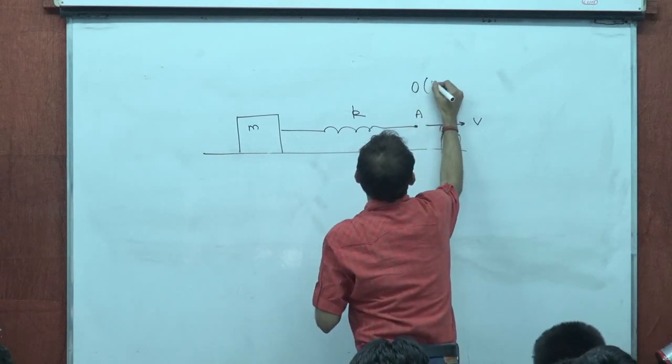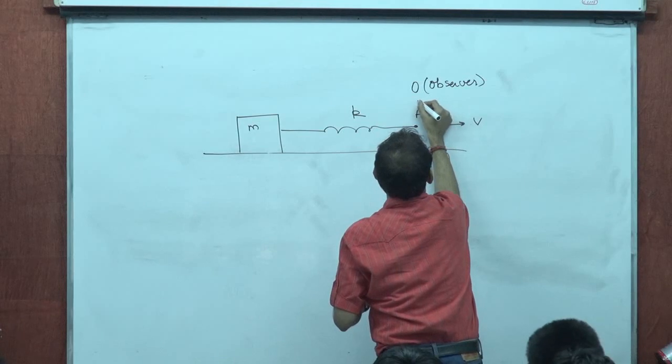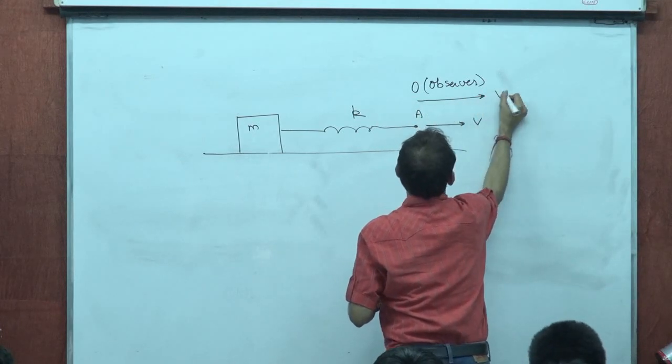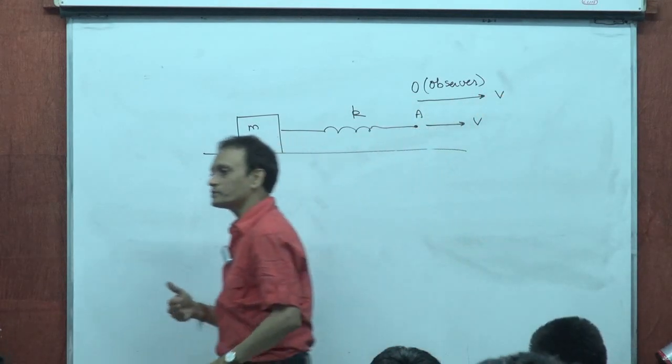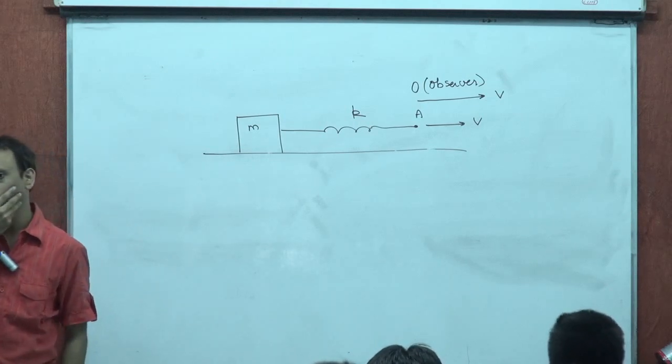Now, a situation of this kind would be better dealt with if you imagine the following. Imagine an observer O moving along with A with a constant velocity v.